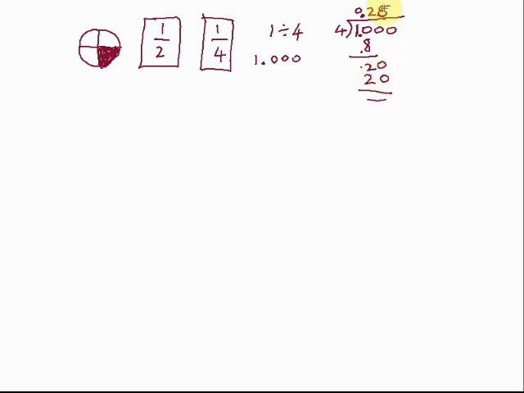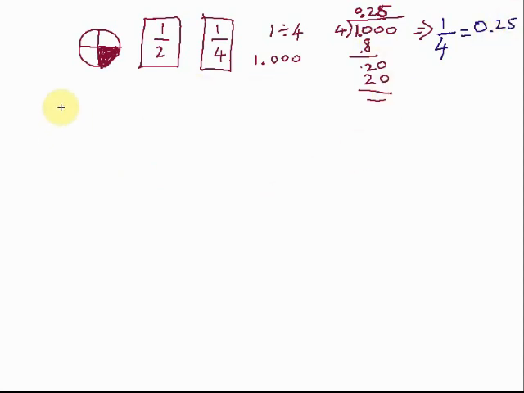It doesn't really look very clear, does it? 1 divided by 4, what does that tell us? It tells us that 1 divided by 4 equals 0.25.